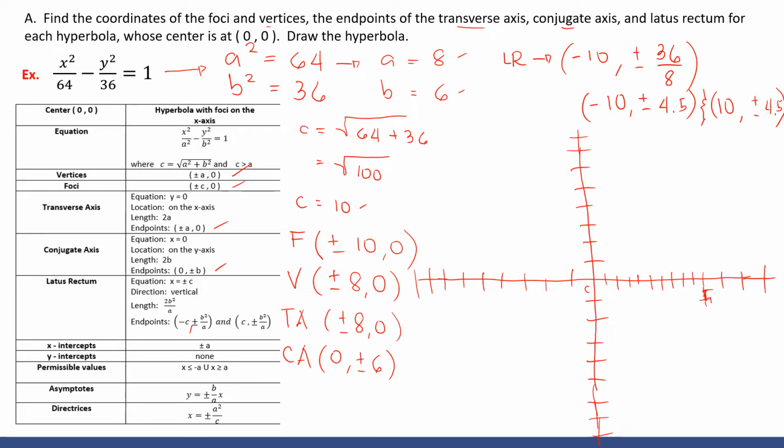On the other side, we have 1 to 10 as well. So this is our focus 2 or focus 1.